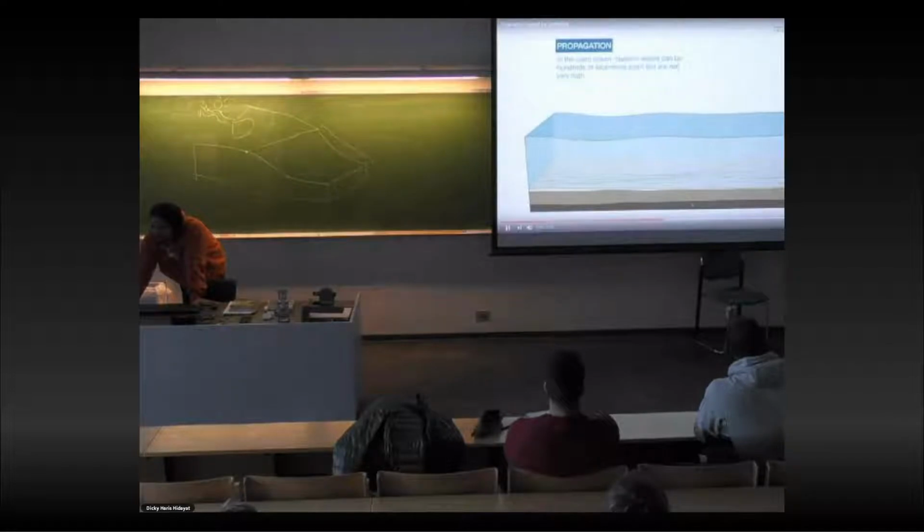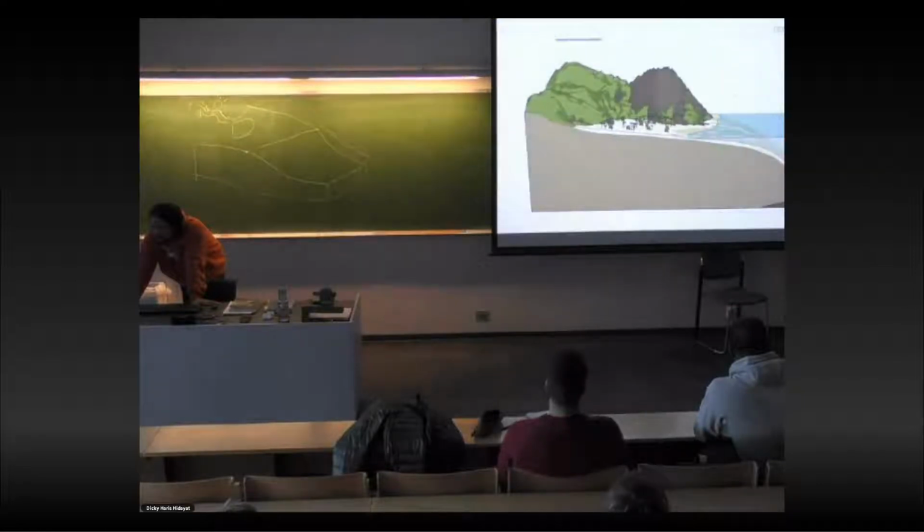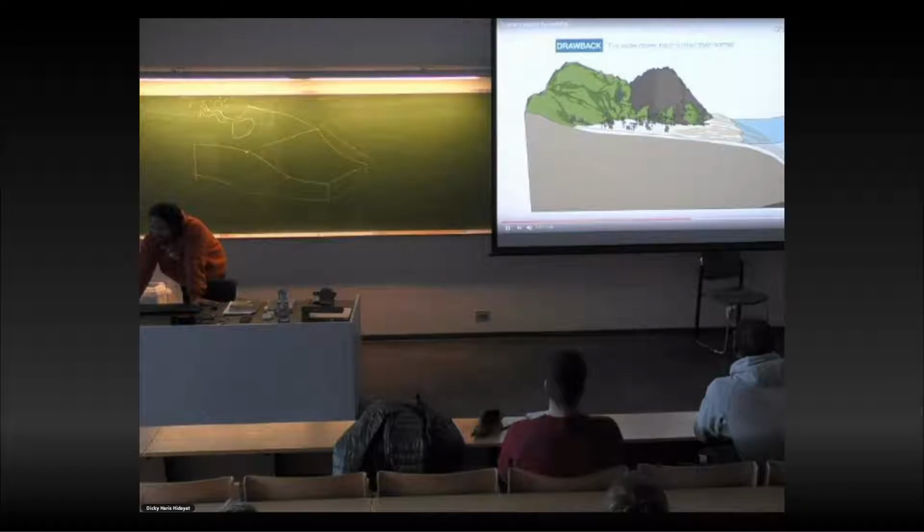And then, yeah, this is when the tsunami is hitting. So you have a sea level drop because of this movement. And when it comes back, then the tsunami is happening.